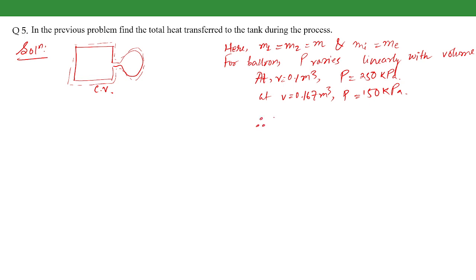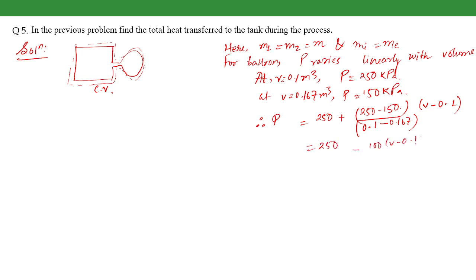Therefore, we can write pressure is 250 plus 250 minus 150, like an interpolation, for any intermediate volume, 0.1 minus 0.167. For any intermediate volume V, the pressure will be this. So this is basically 250 minus 100 times V minus 0.1 by 0.067.